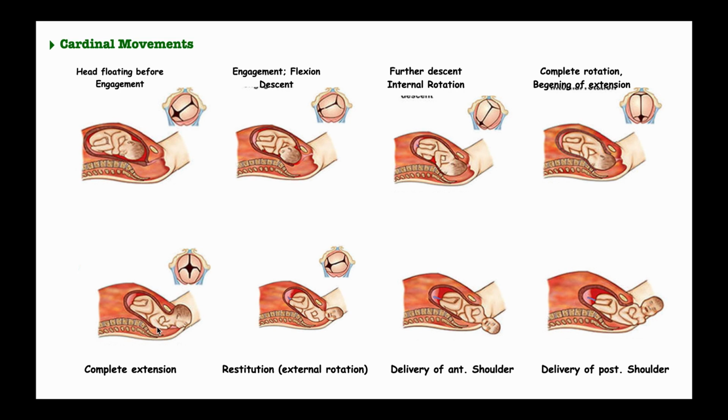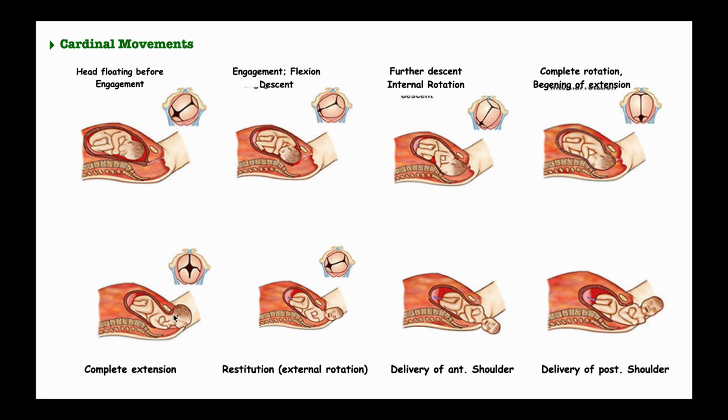Now, extension begins. Then, during extension, there is further descent, and the full flexion of the head also takes place. Now, we find that the base of the fetal occiput comes in contact with the inferior margins of the symphysis pubis, as you can see over here.